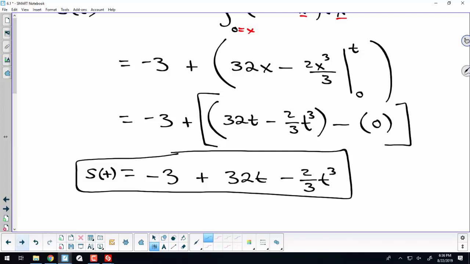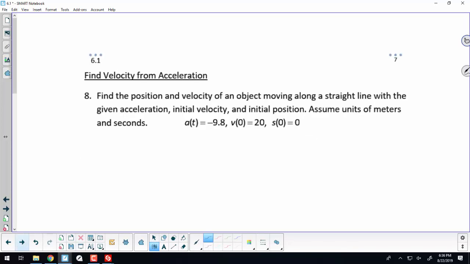So the next example is similar. It's kind of an extension of what we just did, but the main idea here is that whether we're given a velocity function and they ask us to find position, we have two methods to do so. But the same is true if we're given acceleration, we can find velocity and then we can find position using either method.